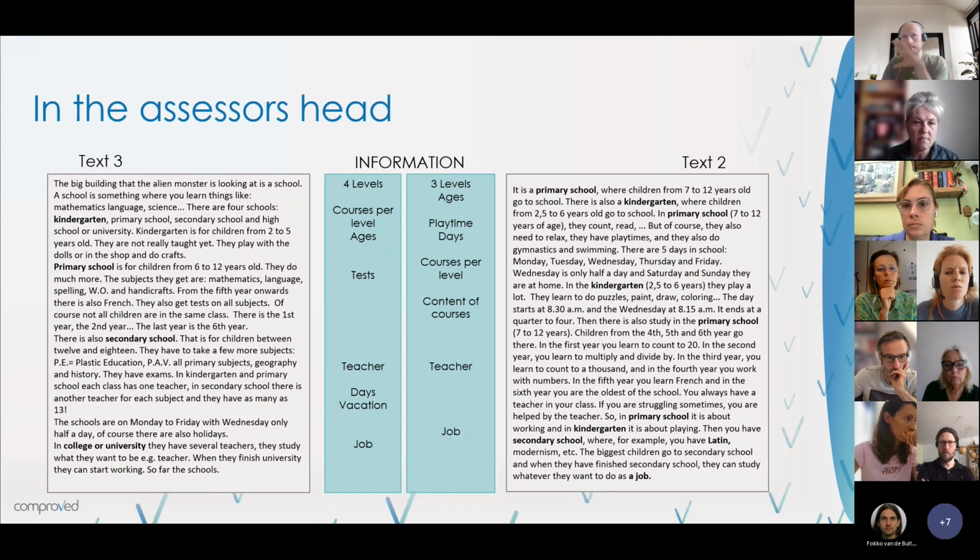So in text 3 there is more structure. If I'm interested in secondary school, I don't have to read the whole text again to find out where it's talking about secondary school, I can just pop into that alinea. So it's more clear and consistent for me. So based on this, I will prefer text 3.